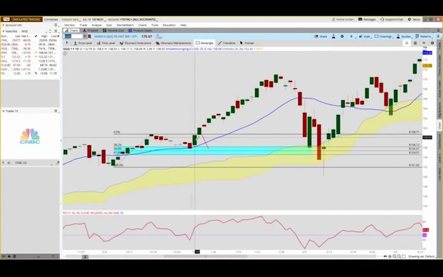Okay. Now, going back to that long trade, once we're in that trade here, let's zoom back in. Once we go long here, and we want an idea of how far it can run, that's where the extension tool comes in, right? We're going to use the same low and high that we used to plot the retracement tool. This time, instead of highlighting support behind our entry, it's going to highlight some upside targets.